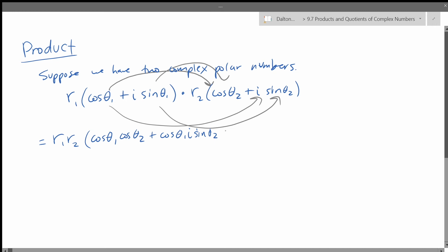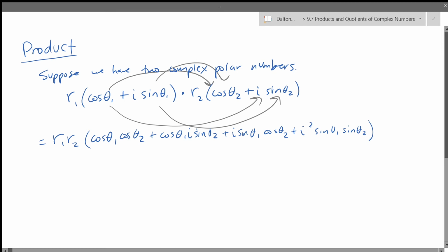And then inner is going to be I sine theta 1 cosine theta 2. And then the last is going to be I squared sine theta 1 sine theta 2.